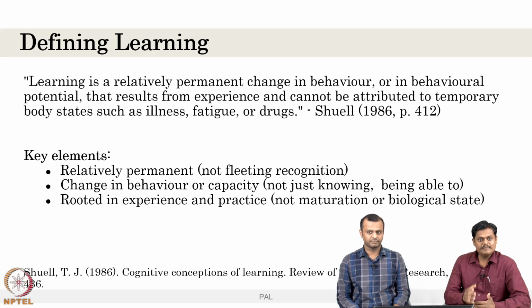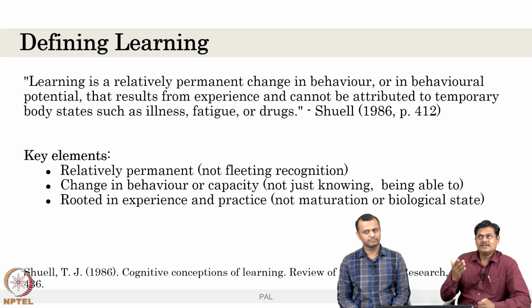So what are the key elements of this definition? First one, Schunk talks about a relatively permanent change in behavior, which is not fleeting, we can say. Then second point is change in the behavior or a capacity, which is potential.